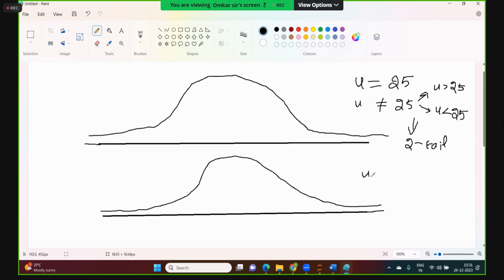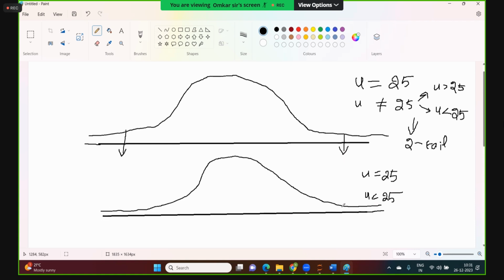The same here: mu is equal to 25, mu less than 25 means it is called a one-tail test. In a two-tail test, you have two critical values available, either plus or minus.